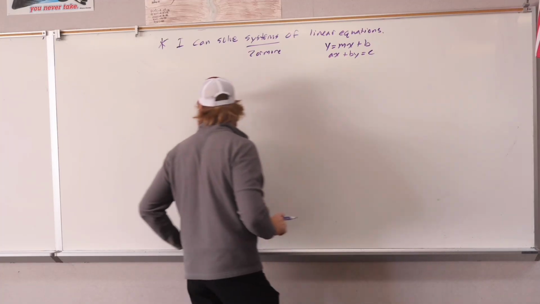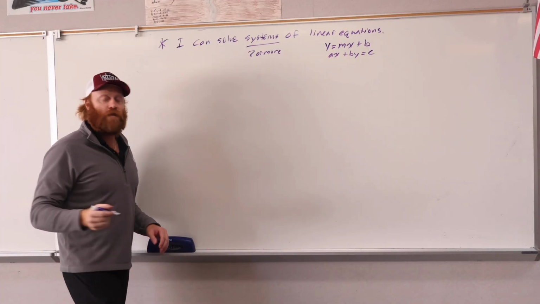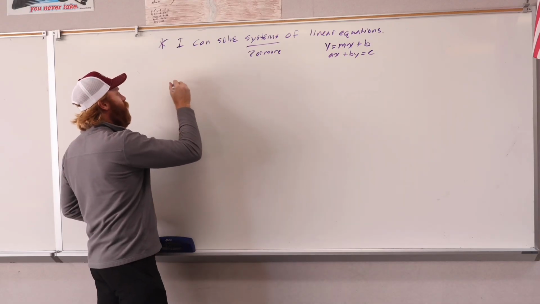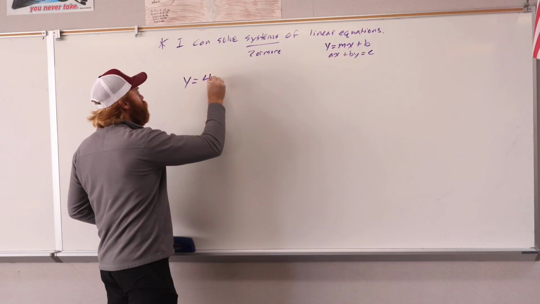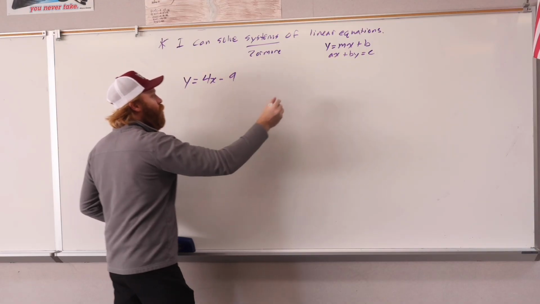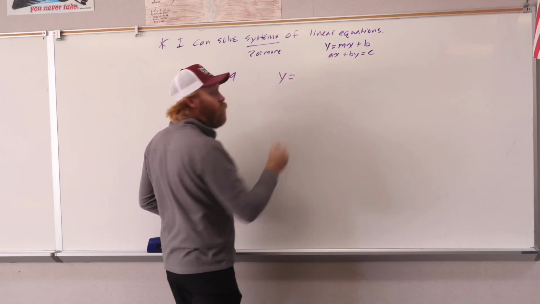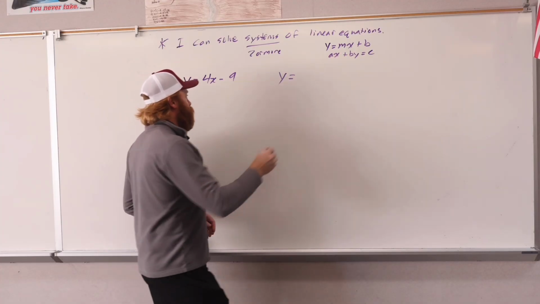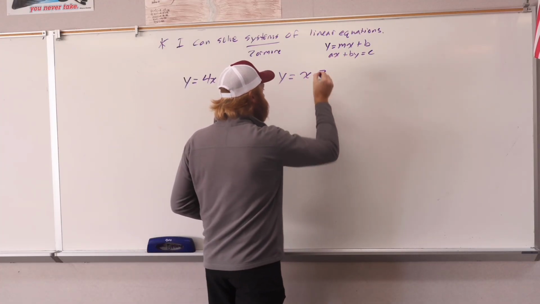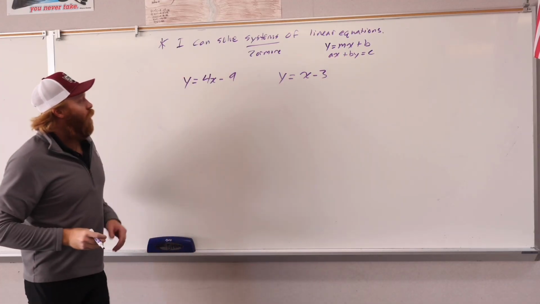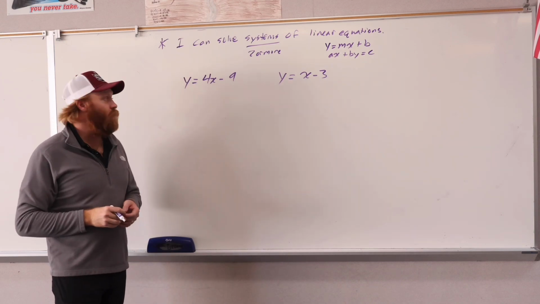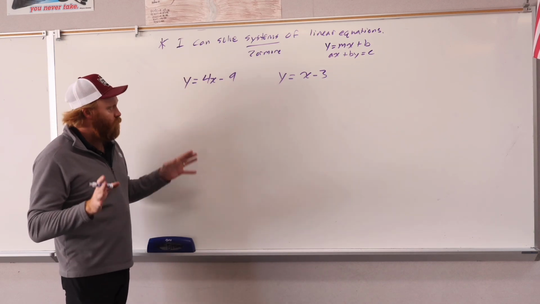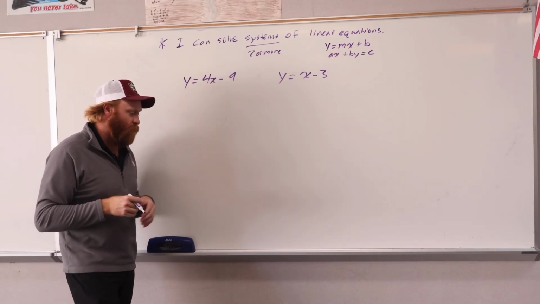A lot of times we will start off with something like this where we have y equals 4x minus 9, and then we'll have another one where it says y equals x minus 3. Okay, I like to kind of go above and beyond when I'm teaching this, and I show students a thing in philosophy.